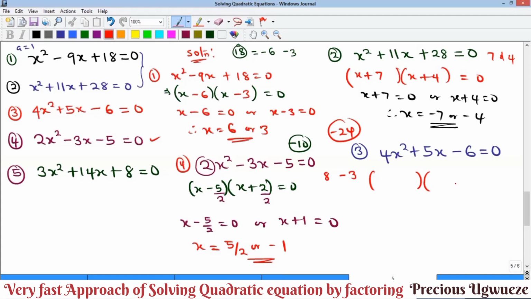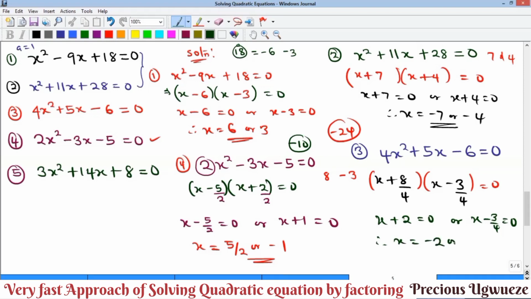As usual, open our two brackets, and that's going to give us x plus 8 and x minus 3. I am going to divide here by 4, and then I'm dividing here also by 4. When we solve this, we have x plus 8 over 4 is 0, or x minus 3 over 4 is 0. It therefore means that our x is negative 2 or positive 3 over 4.